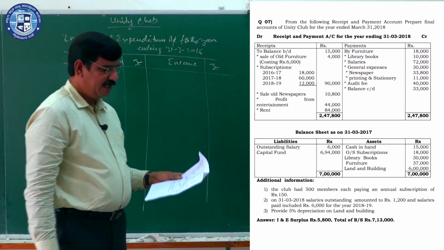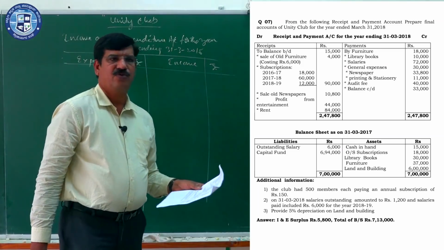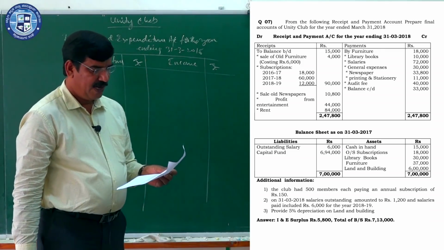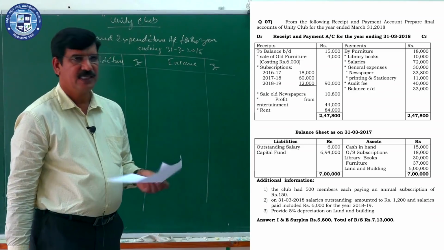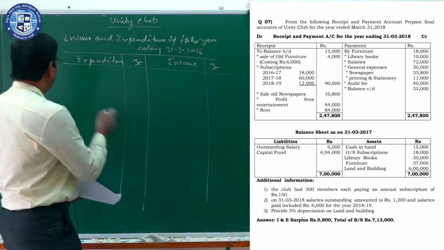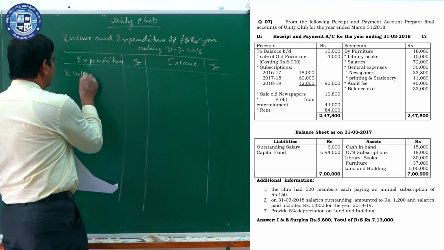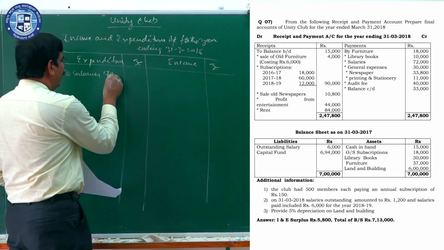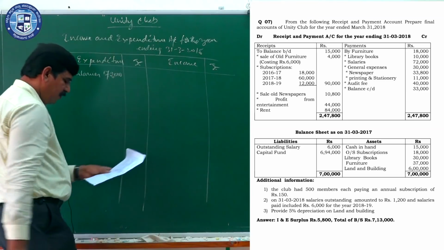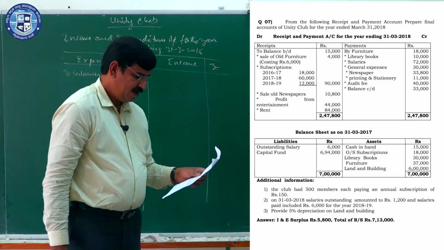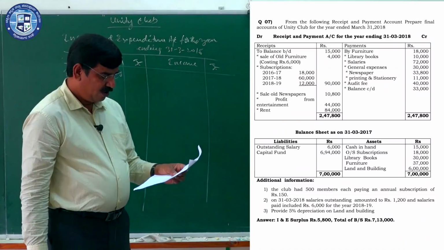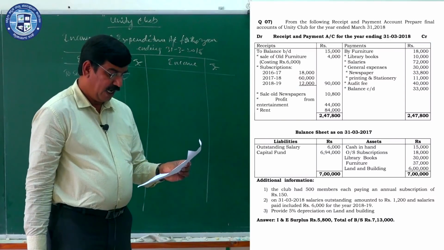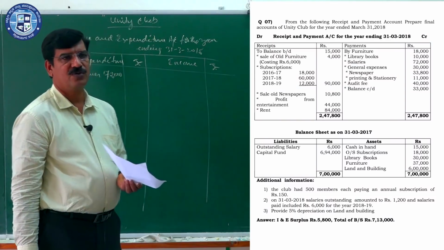Look at the payment side. Furniture is given, it will go to the balance sheet. Library books, balance sheet. Salaries 72,000 is given. So for this we have to look into the adjustments. Adjustment number 2: on 31st March 2018, salaries outstanding rupees 1,200.